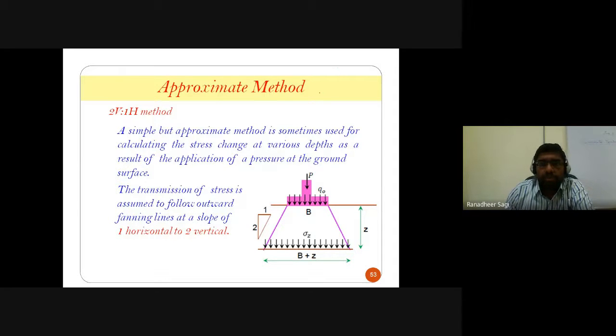Next, moving on with the approximate method, we can even calculate the so-called increment in stress at any particular depth.